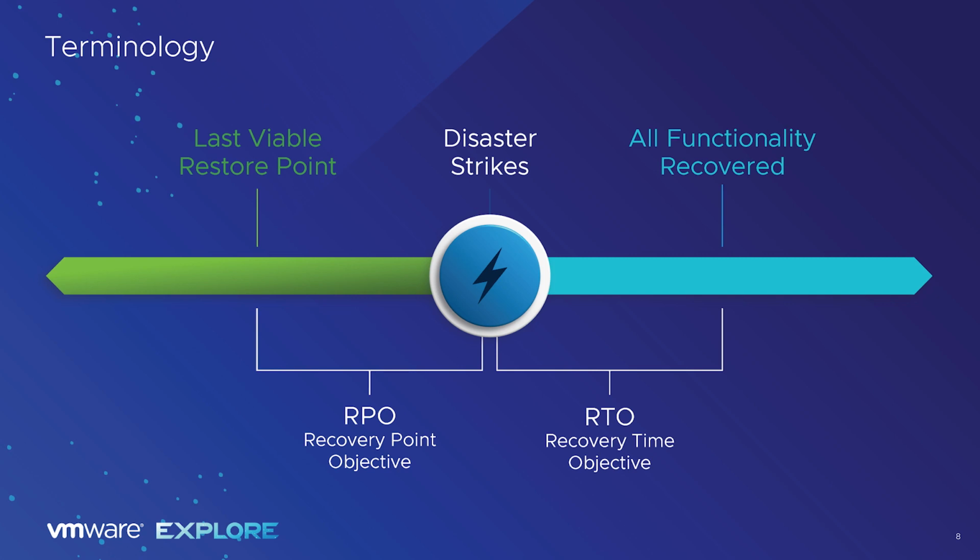So you can think about it: if you have synchronous replication, the RPO is 0. And if you have daily backups, if a disaster hits right before your daily backup runs, then your RPO is 24 hours. On the other hand, the RTO, the recovery time objective, is a measure of how much time it will take for your environment to be back the way it was prior to the disaster.